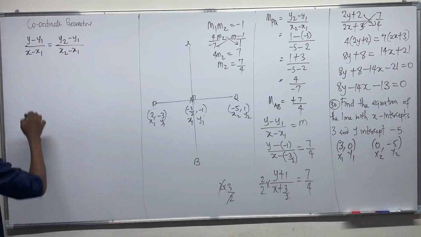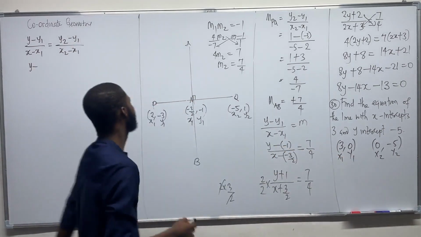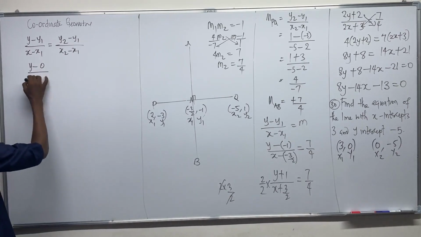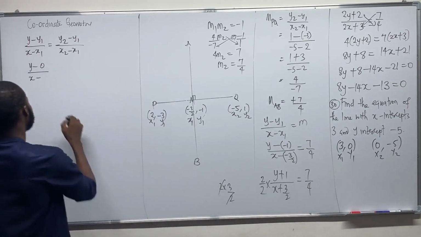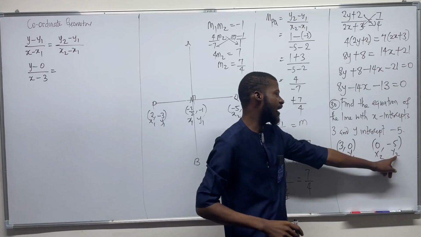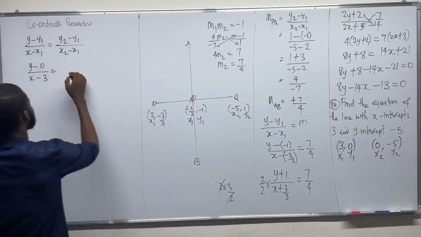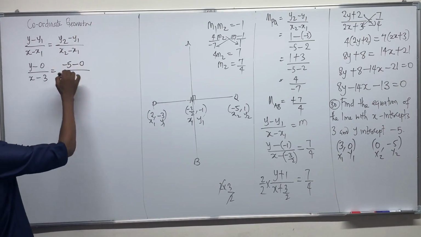So let us get started. This is y minus, what is y1? y1 is 0. So this is 0 divided by x minus, what is x1? x1 is 3. That's what we have, equal to y2, which is minus 5, minus what is y1? 0. What is x2? 0.